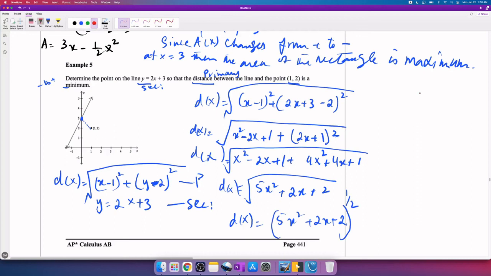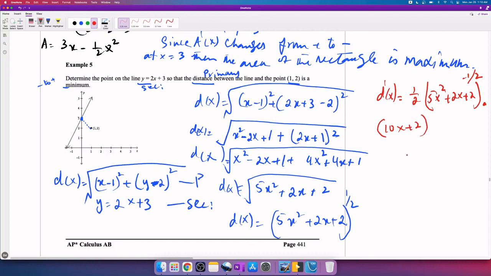I got d prime x equals, this is a chain rule, half jumps to the front, keep everything inside as it is, don't touch anything, and half subtract 1 is negative half. So this is what I got times inside derivative, which is 10x plus 2. That's my whole derivative for that.